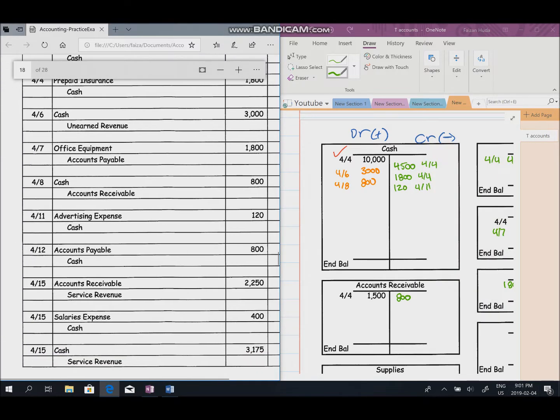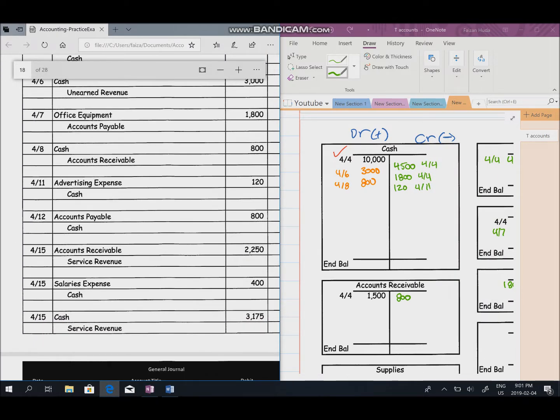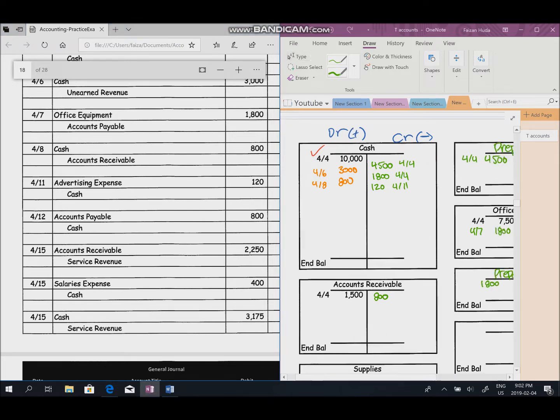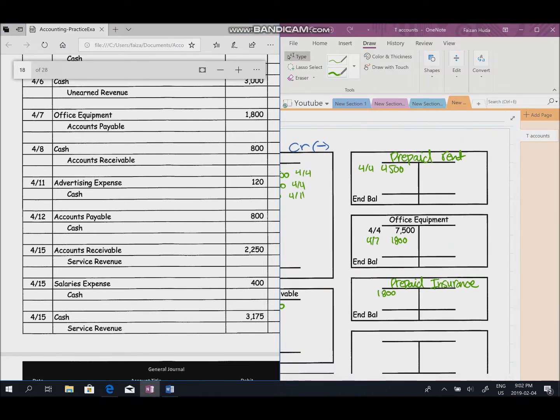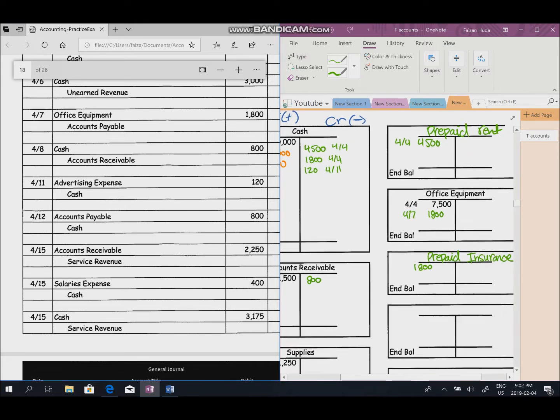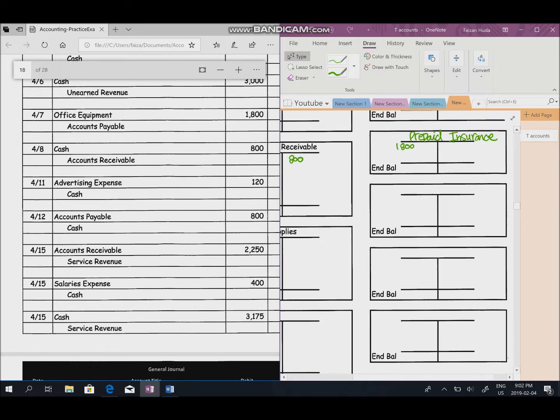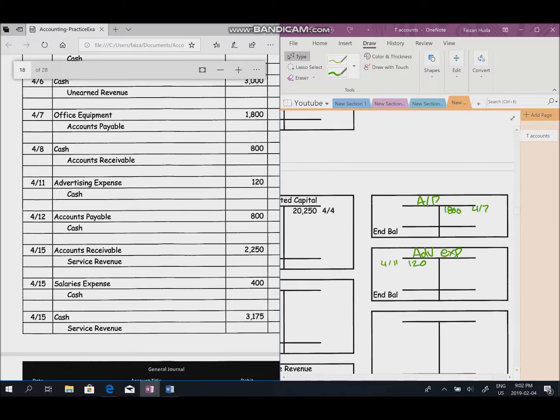Moving forward, accounts payable on April 12th. It's being debited by 800. I'm just gonna find my accounts payable wherever I made it. Here it is. So debit 800 accounts payable on April 12th, 4/12.